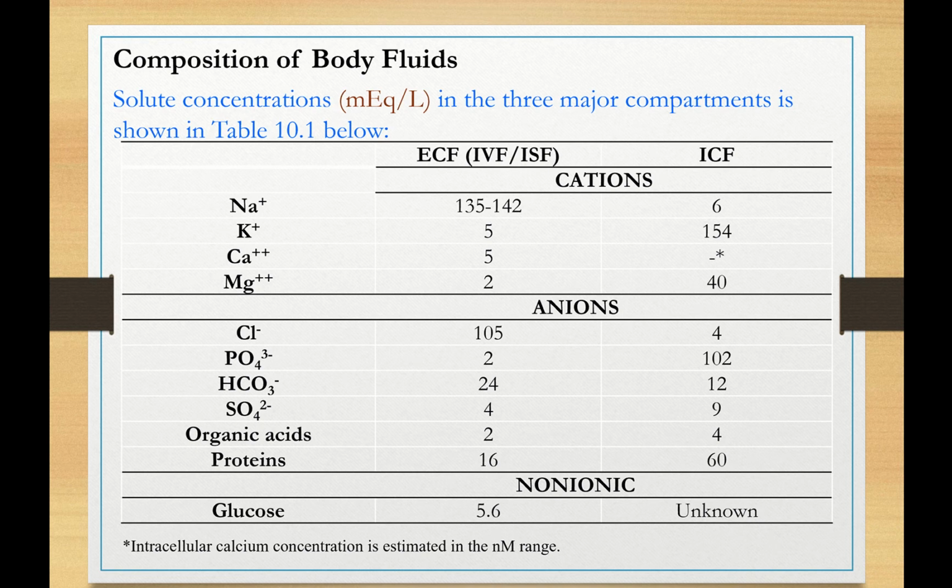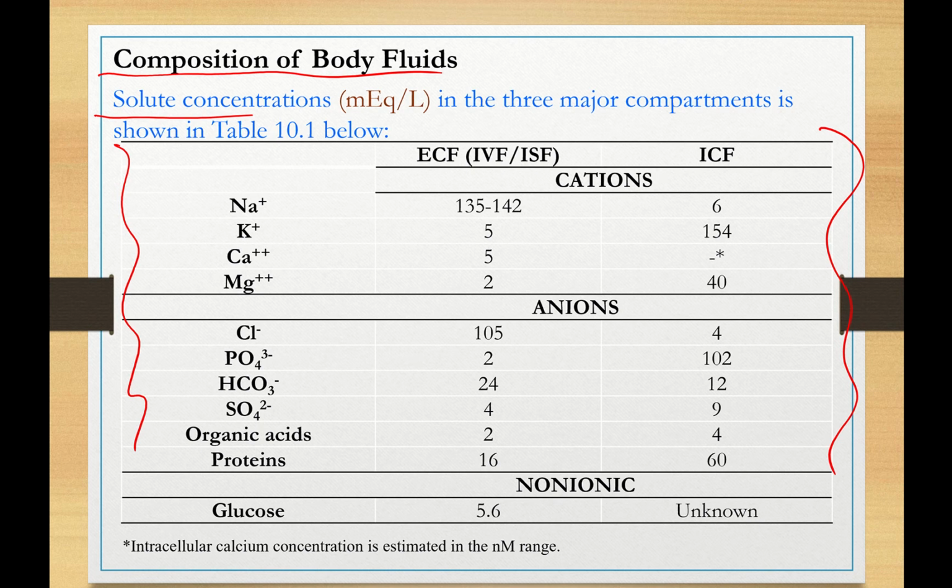Now let us discuss the composition of body fluids. And here I'm referring to solute concentrations. Now to the top, this panel over here contains crystalloids. And this term is rather hard to understand. But most of the compounds contained in the top panel are actually electrolytes, are actually ions.